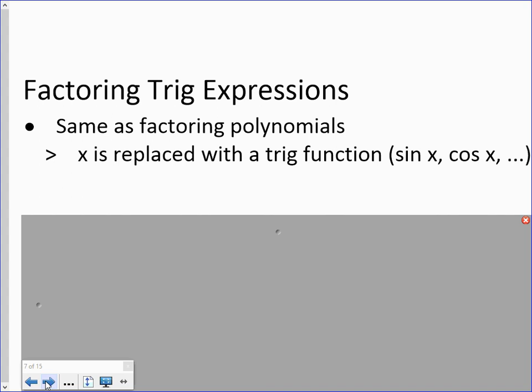It's really the same thing. The difference is that your variable, like maybe it was just x with a polynomial, is now going to be replaced with a sine of x or a cosine of x or some other trig function.